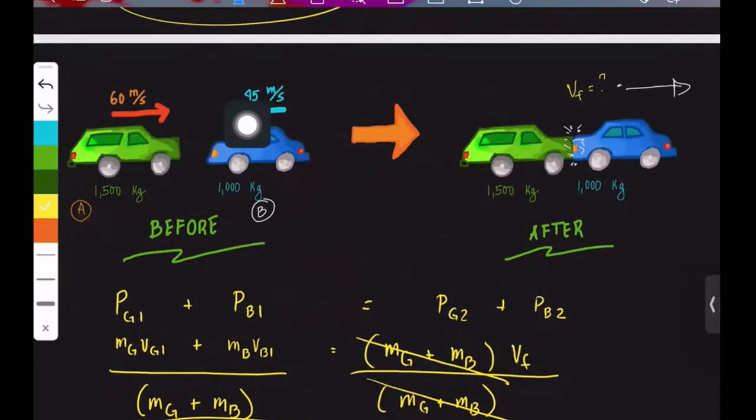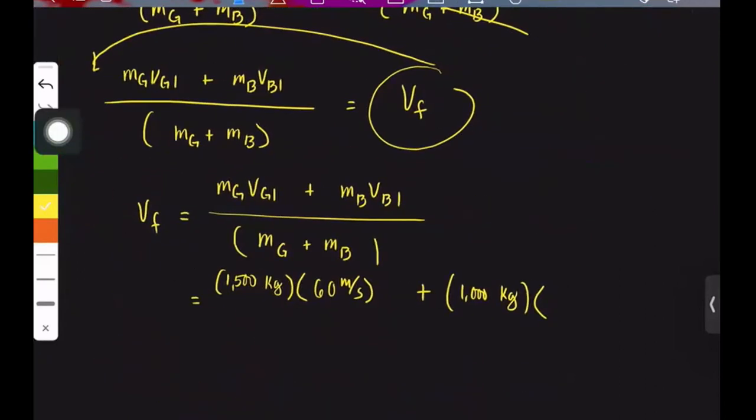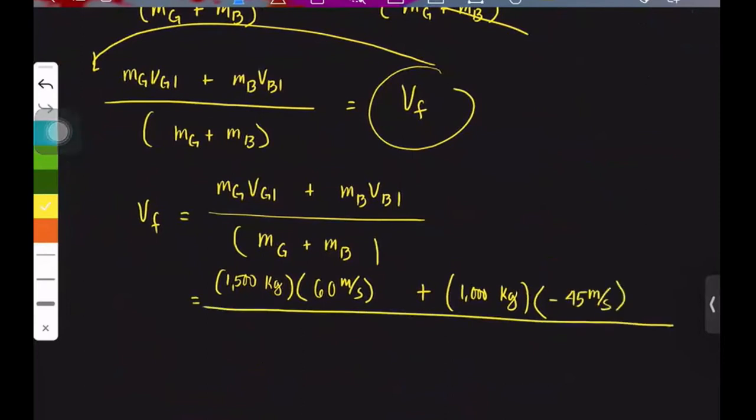So we say negative 45. So we put here negative 45 meters per second divided by the mass of the green car, which is 1,500 kilograms, plus the mass of the blue car, which is 1,000 kilograms.